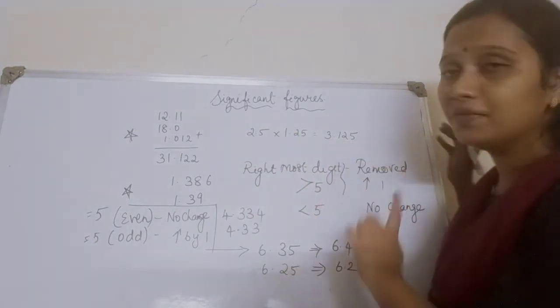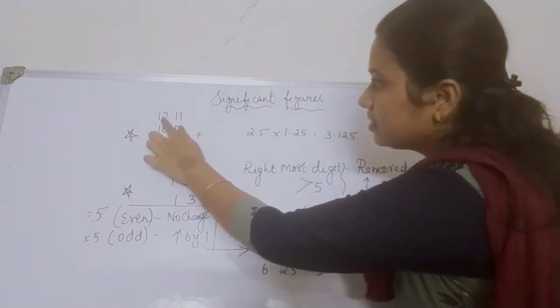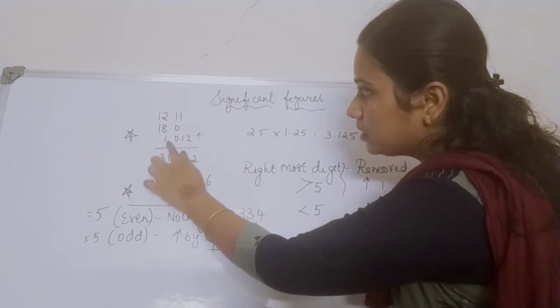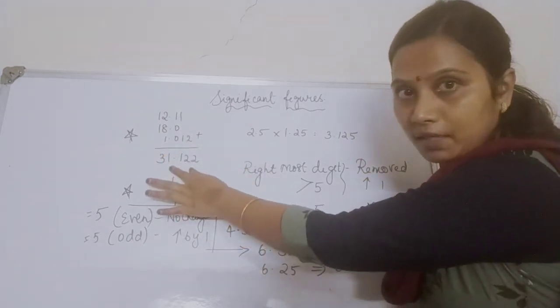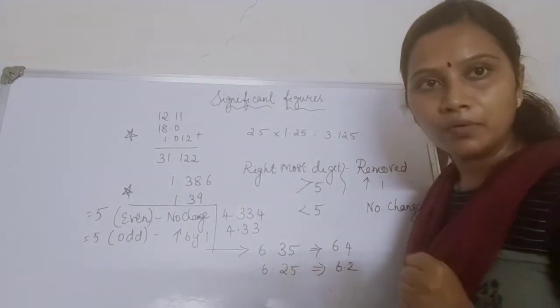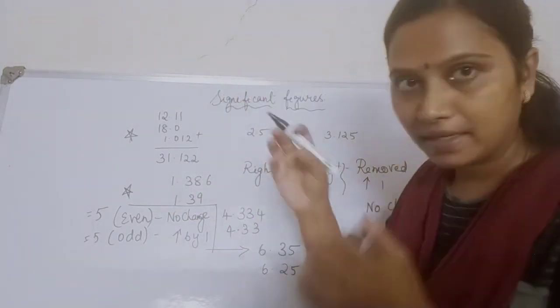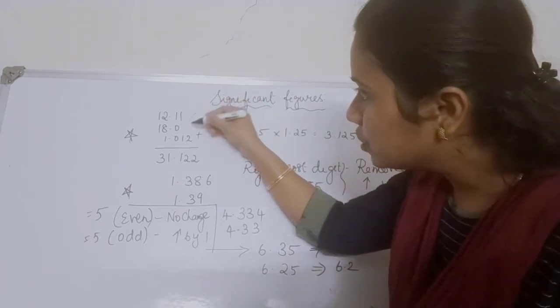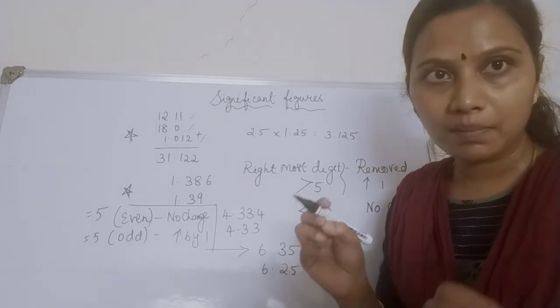This is significant figures regarding addition. Children, I have three numbers here, 12.11, 18.0, 1.012. I have got the answer as 31.122. How to round off this value? Just check all the three numbers which are to be added, and check which number has the least number of decimals.